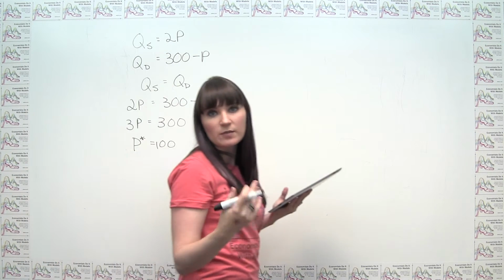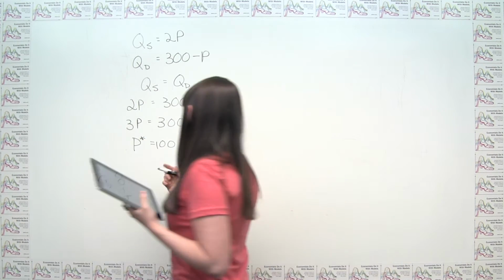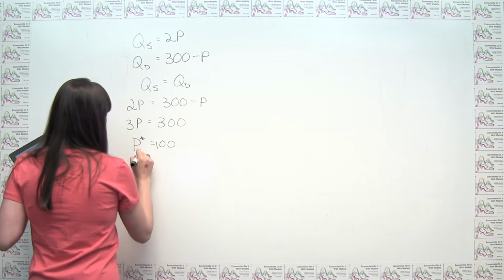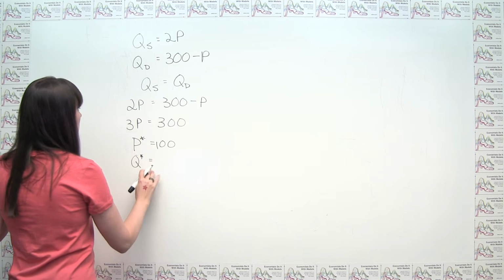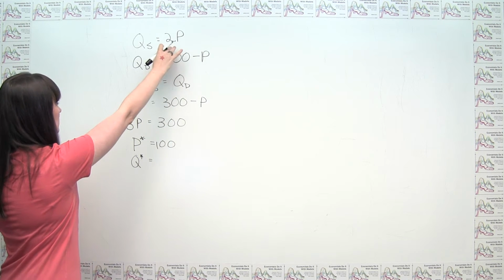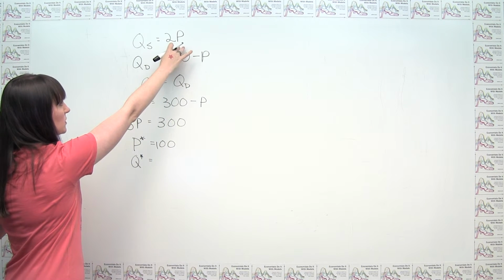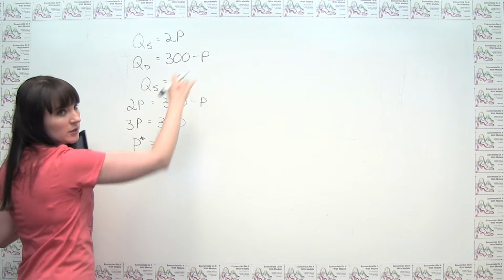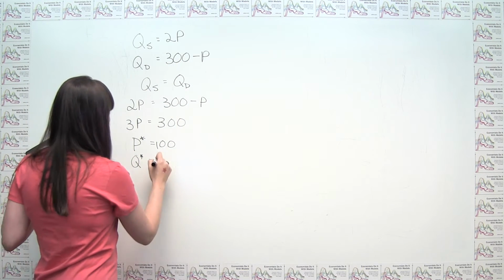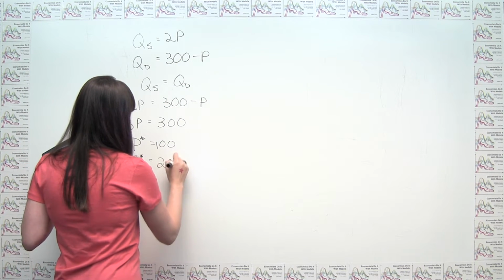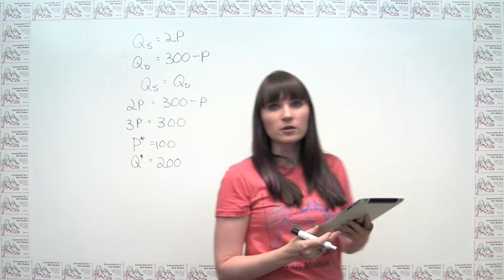By definition, it doesn't matter which one. So Q star, again star for equilibrium, is equal to either 2 times 100, which is 200, or 300 minus 100, which is also 200. So we get an equilibrium price and quantity that look like something here.